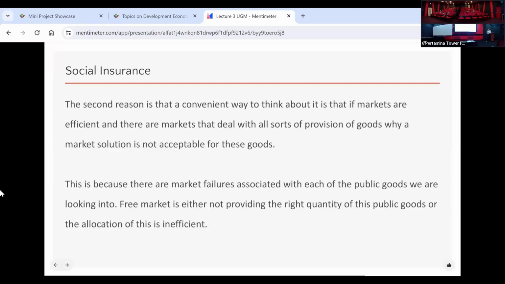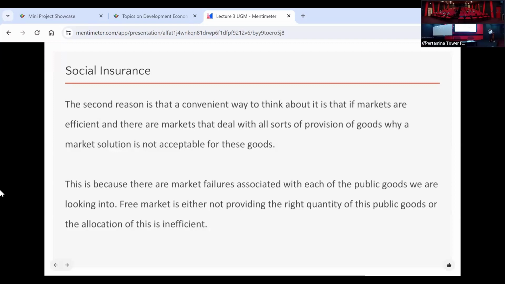They provide this type of goods because all of these goods are associated with market failures. And we're going to see it specifically. Health is a huge market failure. It's a positive externality, but it's also a negative externality. It's a large percentage of expenditure of GDP. It has micro, it has macro.